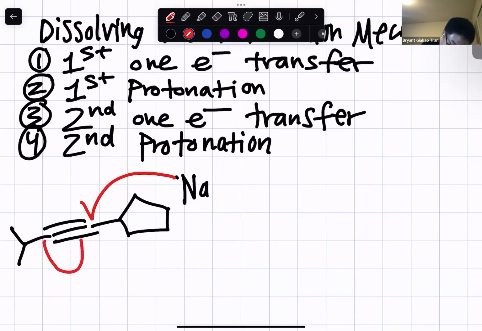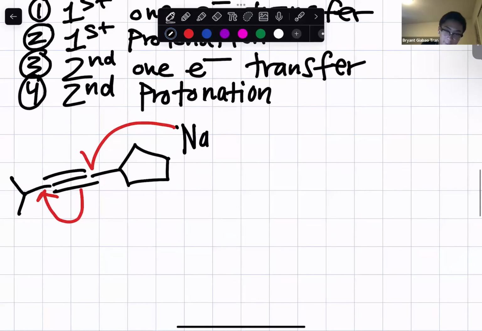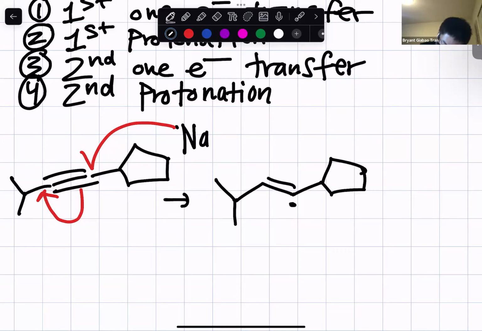One of the bonds of the alkyne is going to move as a lone pair onto the other carbon of the alkyne right there. When that happens, we are going to get this intermediate right here, where we have a radical on that carbon and a lone pair of electrons on that carbon. Notice how this is in the trans configuration.